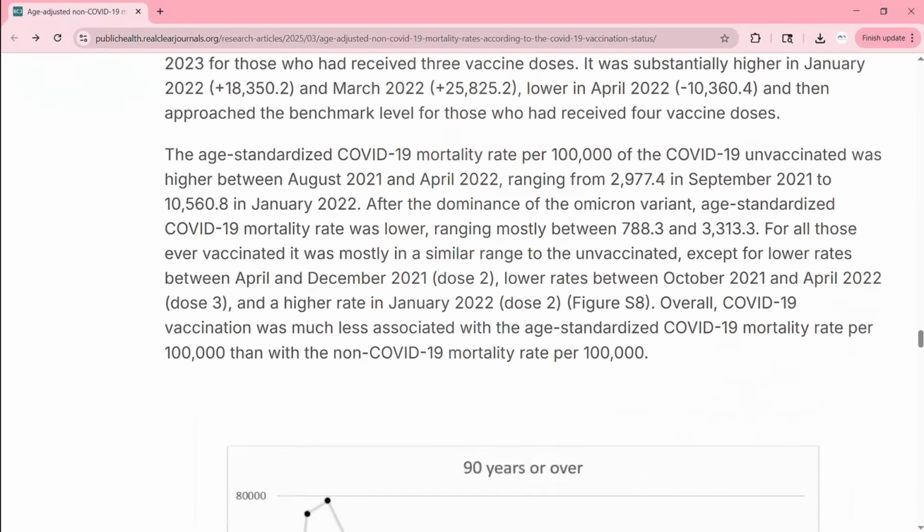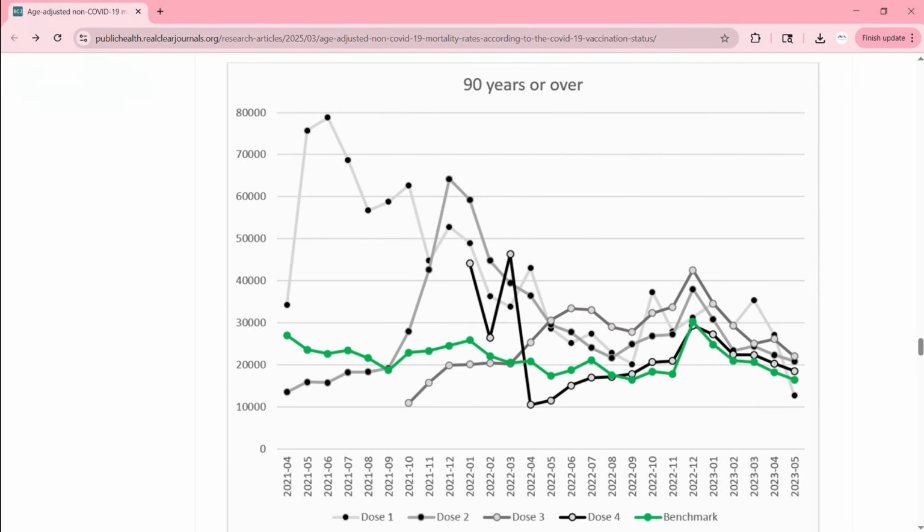And the last group, 90-year-olds, 25 out of 26 months for one shot, the mortality was higher than people who were not vaccinated. When it comes to 2 shots, I believe it was 21 out of 26 months, the mortality was higher for those who were vaccinated versus non-vaccinated.